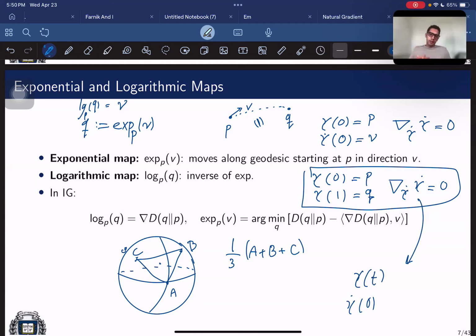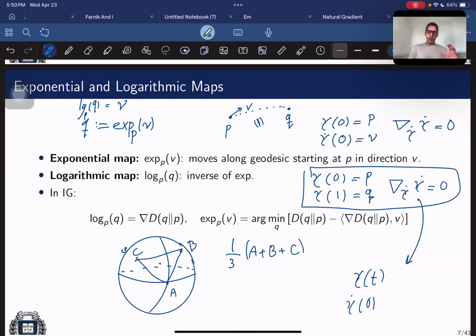It's like the inverse. But essentially, these two functions are all defined locally. For example, on a sphere, if you consider the two poles, this set of ODEs does not have a globally unique answer. So all these maps are defined locally.